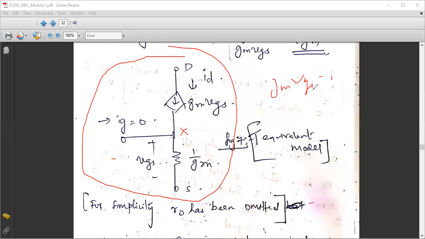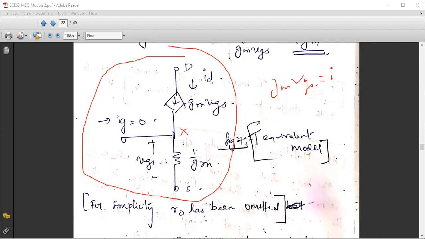So from this, how will you find the resistance? Just apply Ohm's law: R is equal to V by I. gm into VGS is equal to I. So VGS by I is nothing but 1 by gm. So the resistance will be 1 by gm.